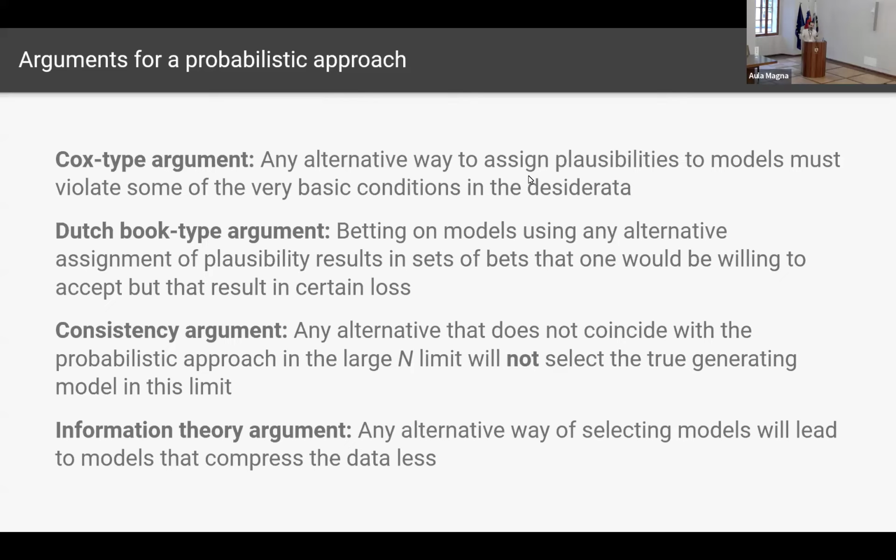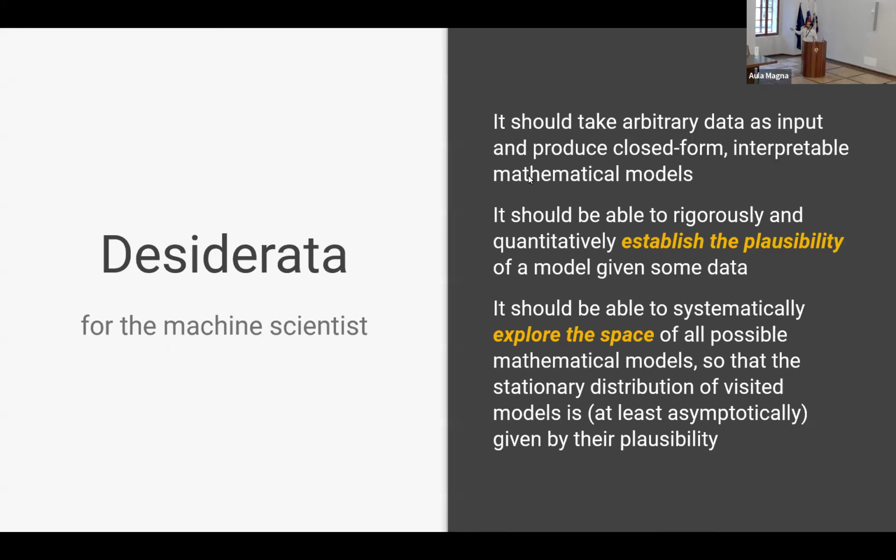Well, there are two options here. Either they agree on the solution or the person that does not use probability theory is going to lose money for sure, right? If two people are going to bet money on which one is the correct model, the one that uses probability theory is guaranteed to win money, okay? This is the Dutch book argument of probability theory. Okay, so with this, we've solved the first problem, okay?